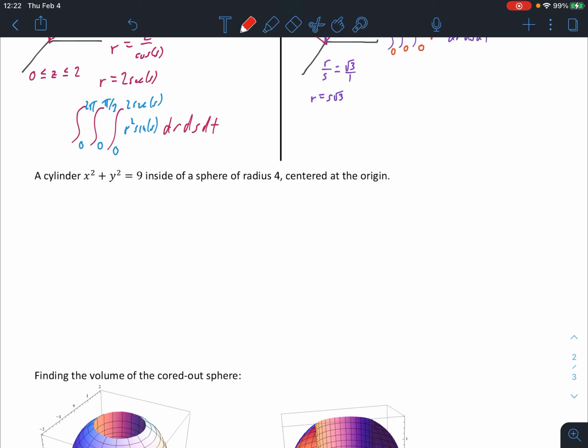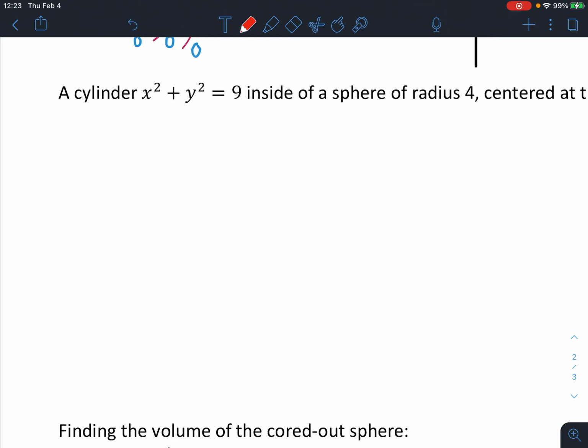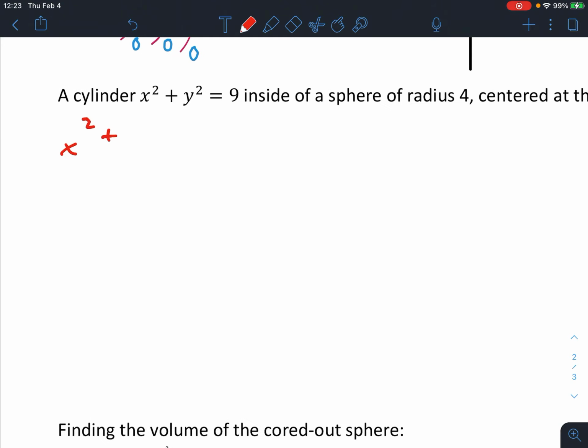All right, so the first thing we've got to do is figure out what the intersection points are of this cylinder and the sphere. The cylinder is x squared plus y squared equals 9. The sphere is x squared plus y squared plus z squared equals r squared, so that would be 16.